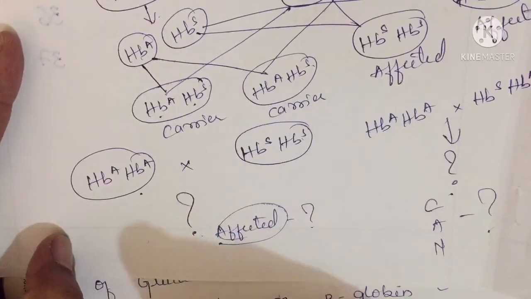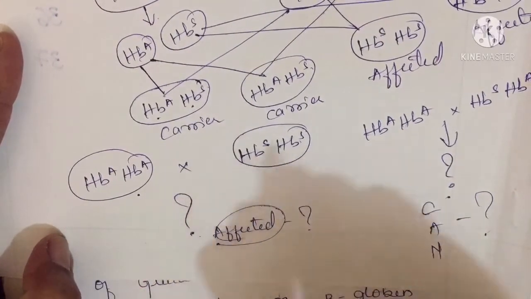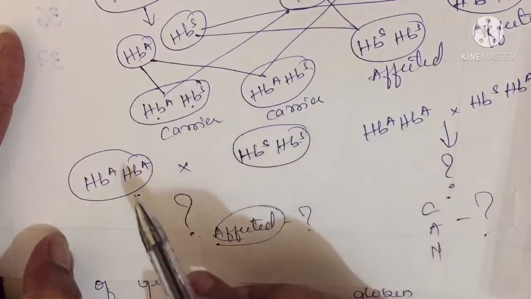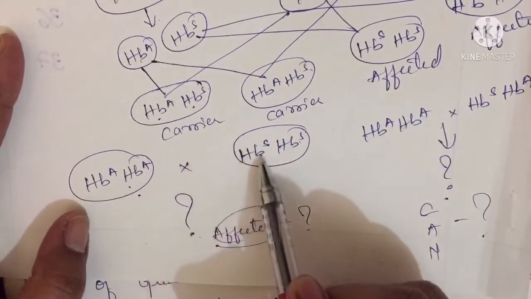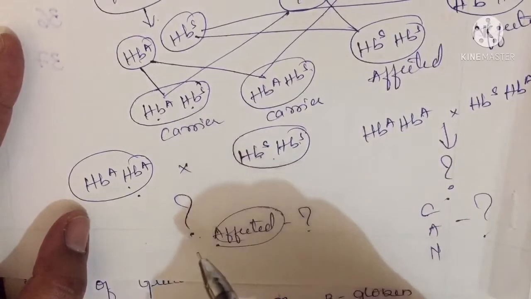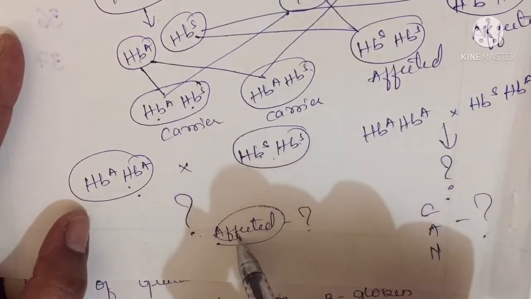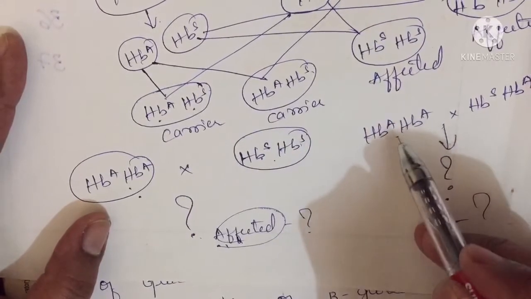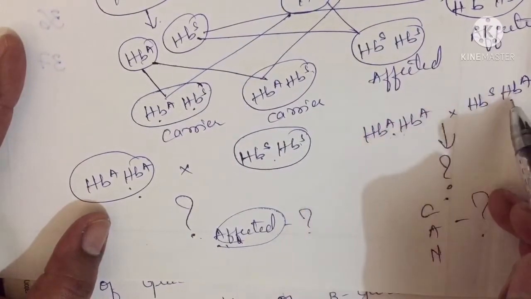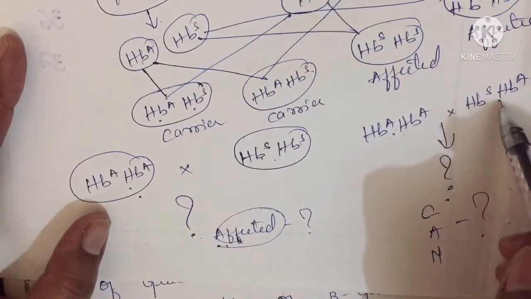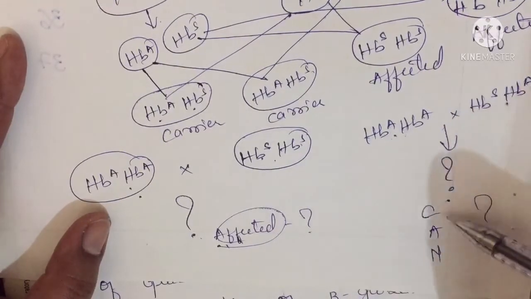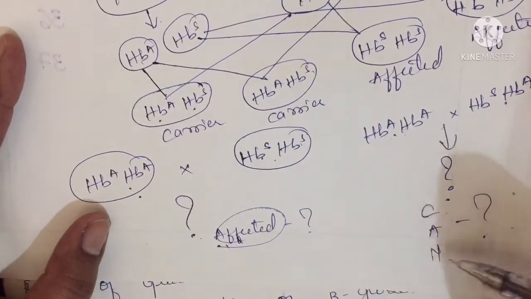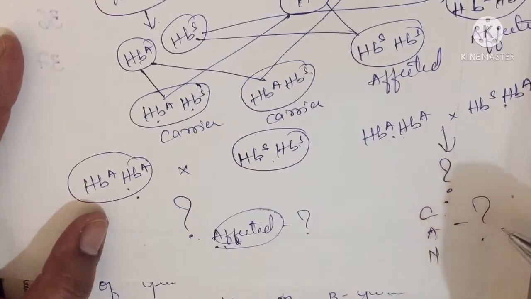Please comment it in the comment box so that I'll come to know whether we have understood this concept or no. Okay, if a normal individual is getting married to an affected individual, whether we will get affected children, I want this answer. Another condition is if a normal individual is getting married to a carrier individual, then how many carriers, how many affected, how many normal. I want this answer. Please comment it in the comment box.